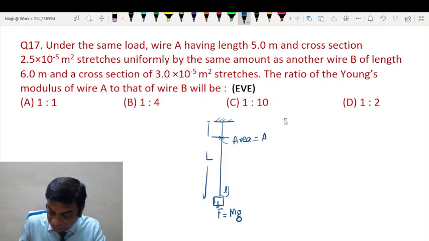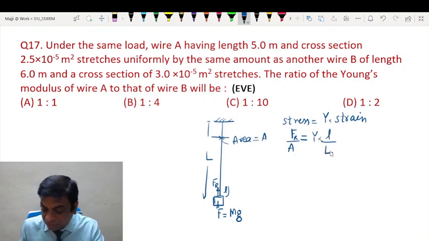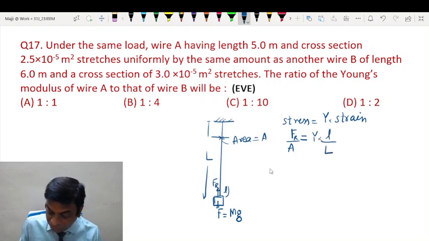Then we have the basic formula, stress is equal to Y into strain. So stress is the restoring force per unit area, which is nothing but mg at equilibrium, multiplied by the increase in length, small l, which is the strain.